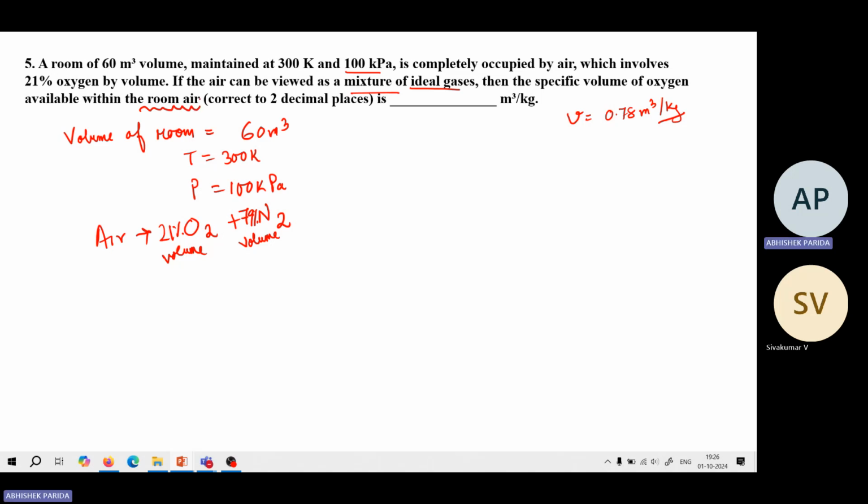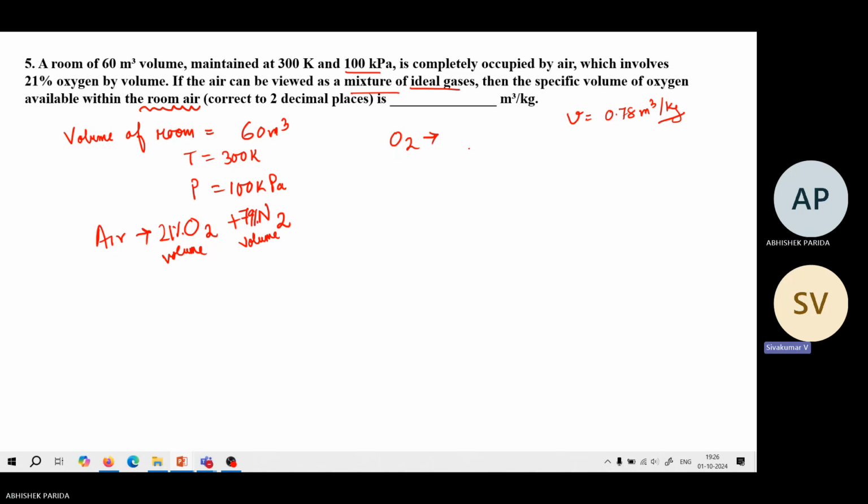Now you tell me, if we just concentrate on the oxygen, if just oxygen is there, what will be the pressure that oxygen will be at? Tell me. 0.21 times of 100 kilopascal, sir.